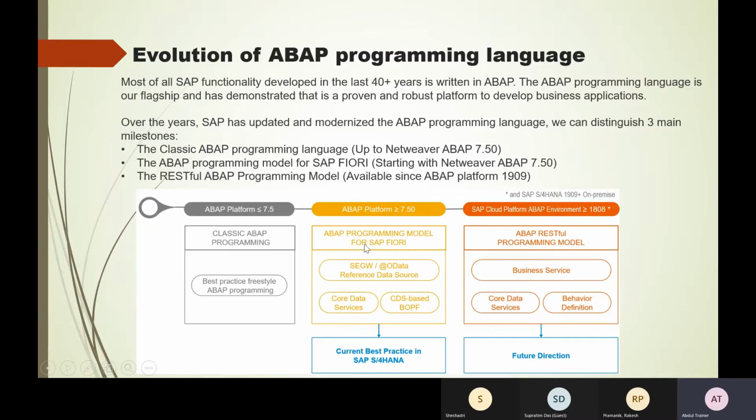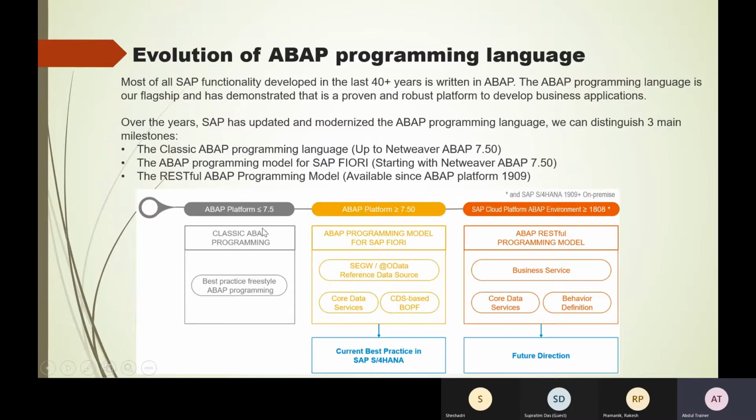Development for the SAP Fiori, ABAP programming for the SAP Fiori, we call UI5. That is the new technology introduced in ABAP. The OData services are also introduced, and the core data services, that is the CDS view. These are all the new ABAP languages introduced in the S4HANA systems.